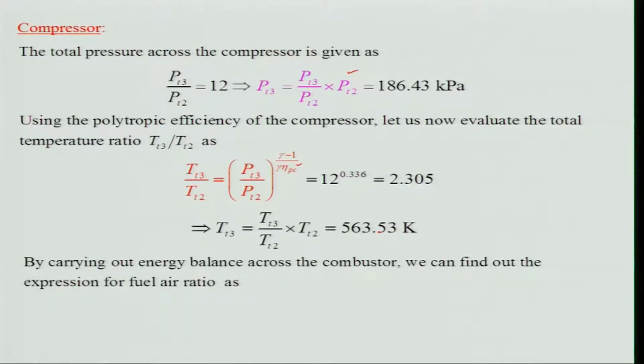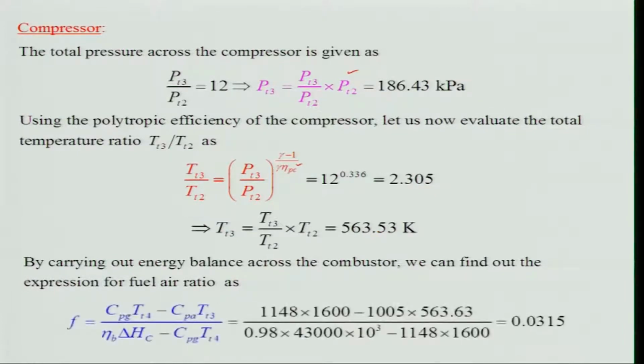What we will have to do now is carry out an energy balance across the combustor, because we need to find the fuel ratio, that means air fuel or fuel air ratio. So, this is basically the fuel air ratio, F is equal to CPZ TT4 minus CPA TT3, divided by eta B delta SC minus CPZ TT4.